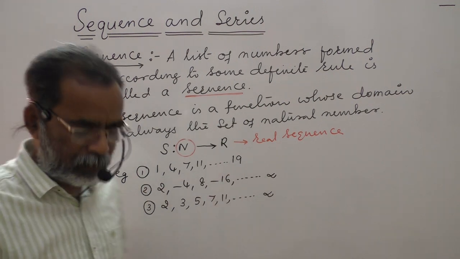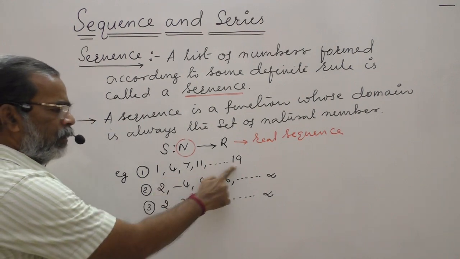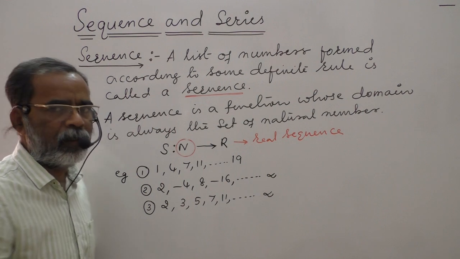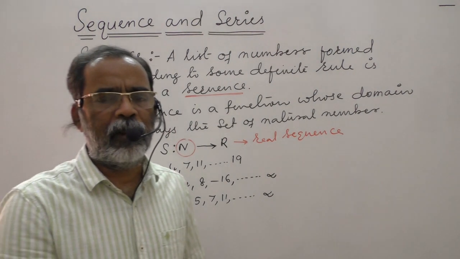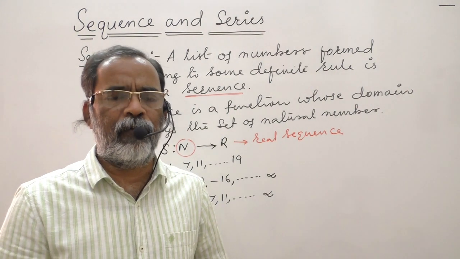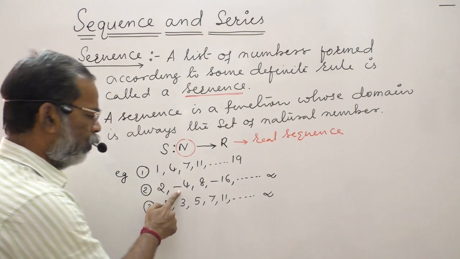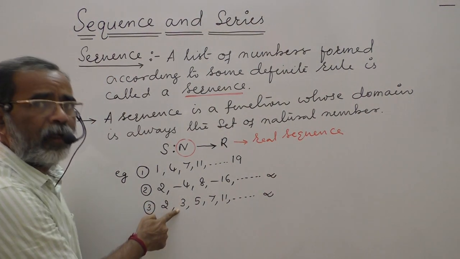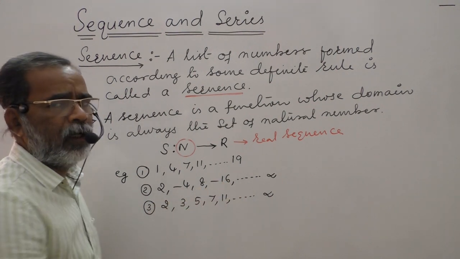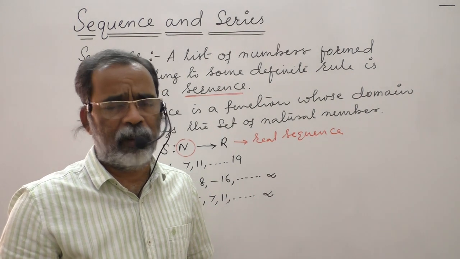So these are some examples of sequences. In the first sequence, the first term is 1 and the last term is 19. That means this sequence contains a finite number of terms, therefore it is a finite sequence. The other two are also lists of numbers containing an infinite number of terms, therefore they are known as infinite sequences.